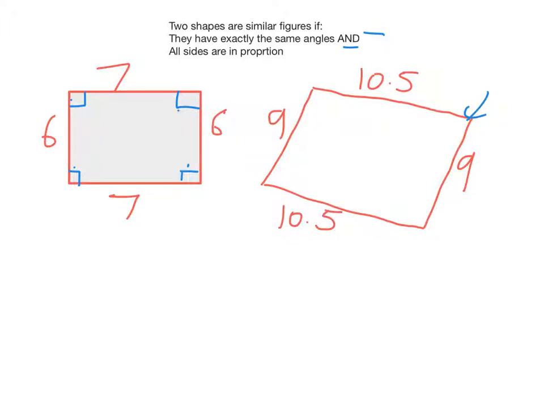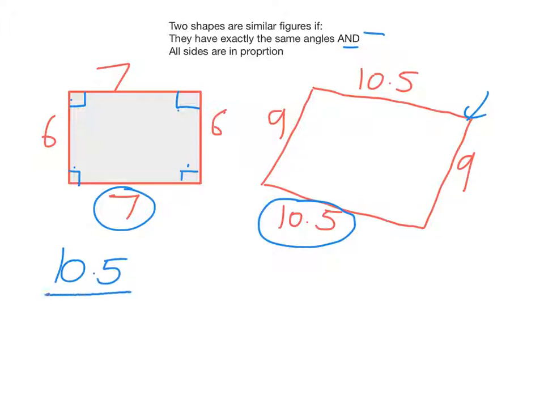Interestingly though, I've set it up so the sides are in proportion. What I mean by in proportion is, if I divide this side by its corresponding side, 10.5 divided by 7, and then this side and its corresponding side, 9 divided by 6, they give you the same answer.